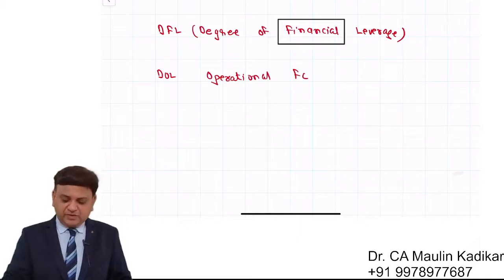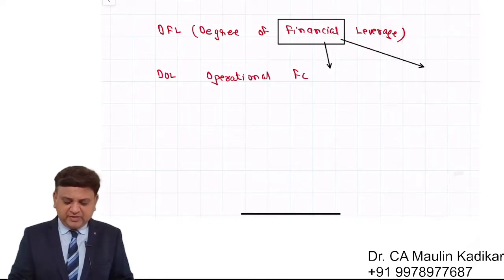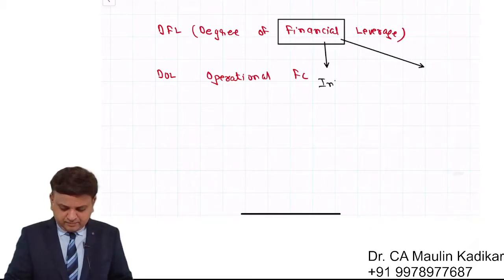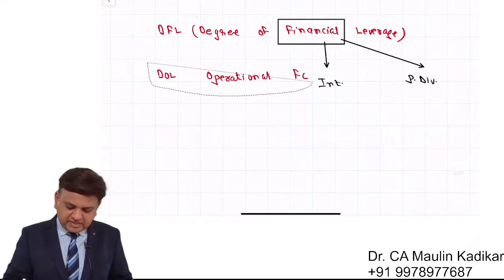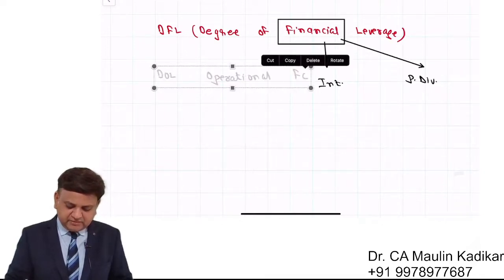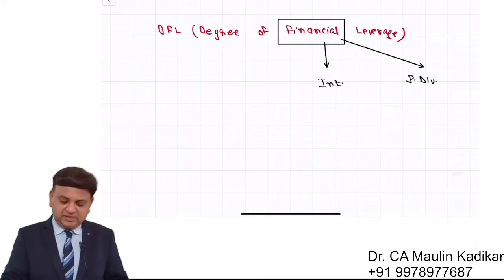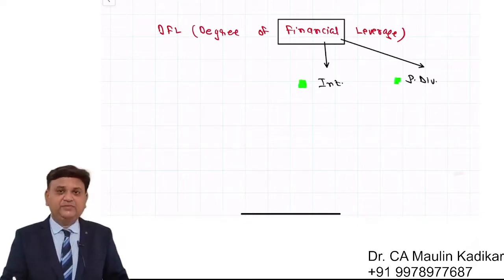As far as the financial fixed cost is concerned, we understand that there are two fixed financial charges. One is interest and another is preference dividend. So we understand that the degree of financial leverage represents the two fixed financial charges, interest and preference dividend.